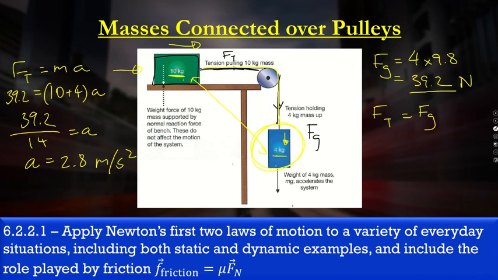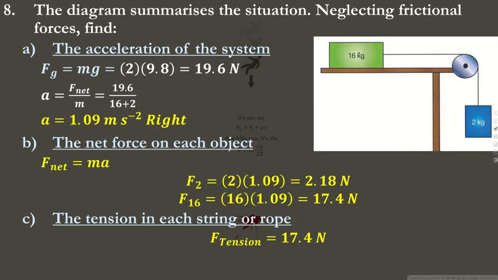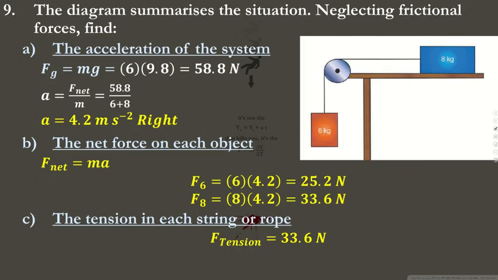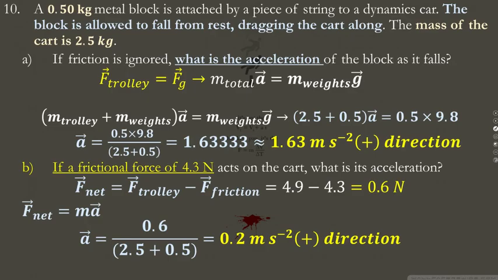Okay, and so that's how you do that one. I'll just quickly go through, and those are the answers for question 8, and those are the answers for question 9. And then question 10 asks you a scenario where you look into friction, and I'll let you have a go at those ones later on.